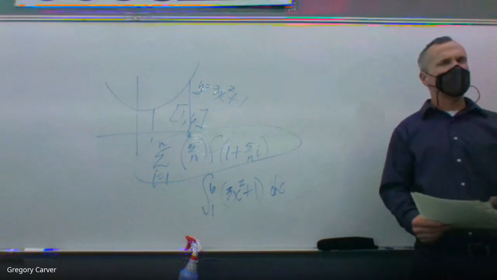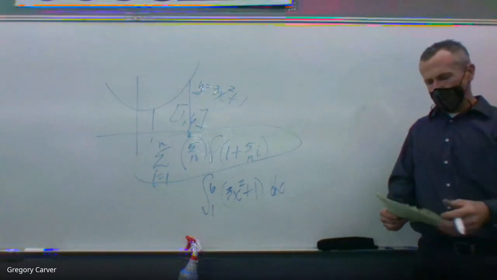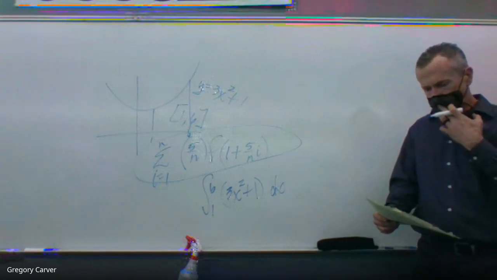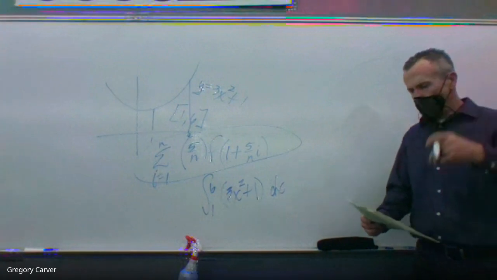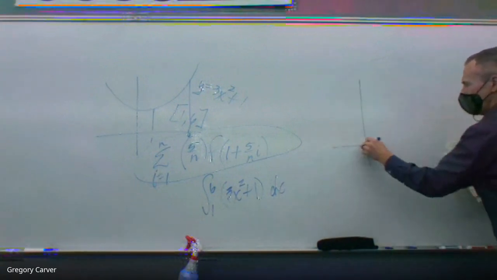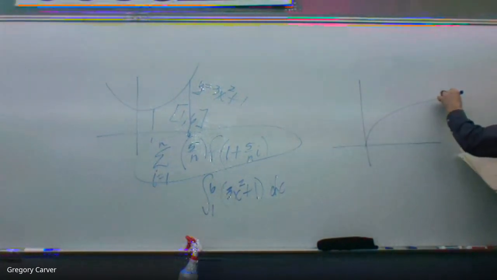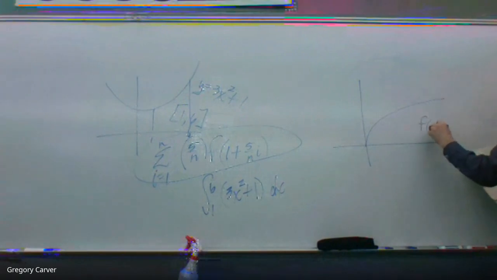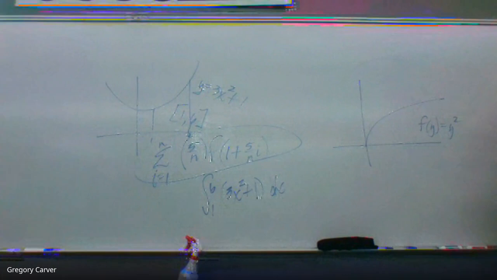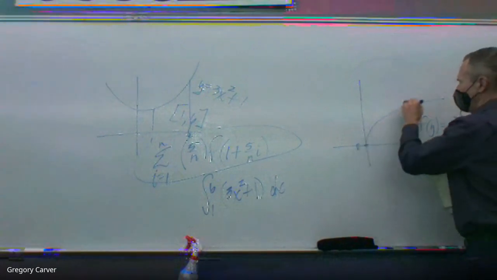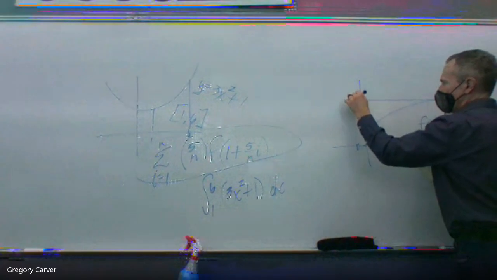All right, a couple of things about this that are just subtleties that you need to know. If I had this, so I've got f of y equal to y squared, and I'm going from 0 to 4.